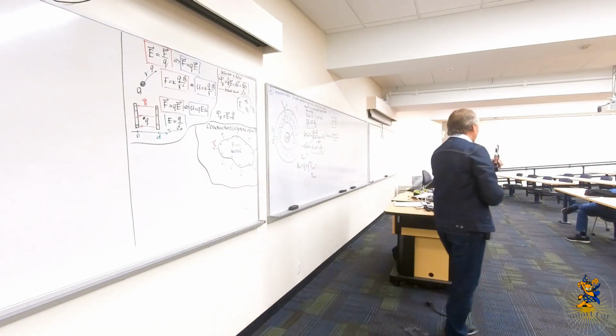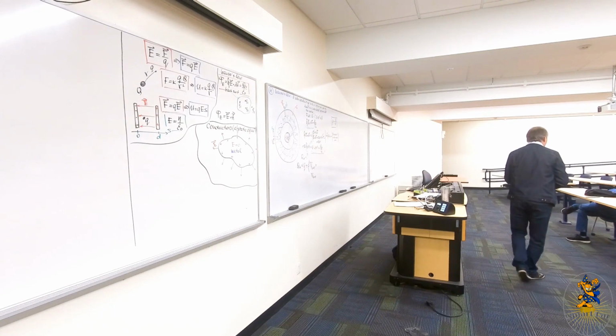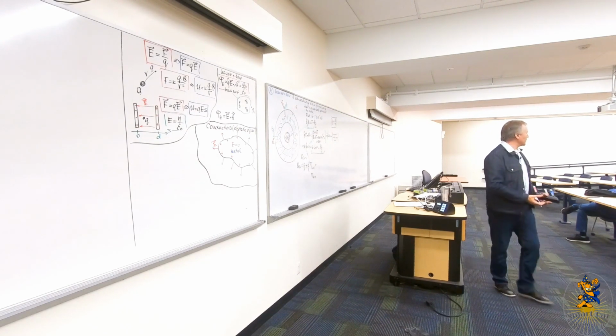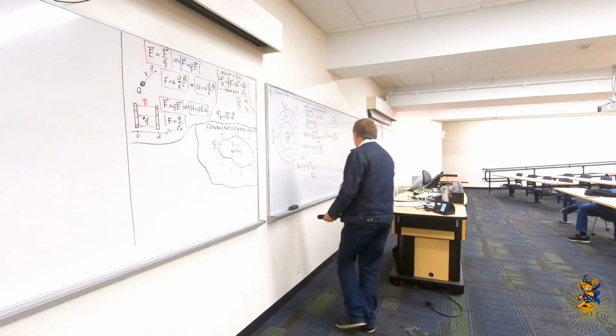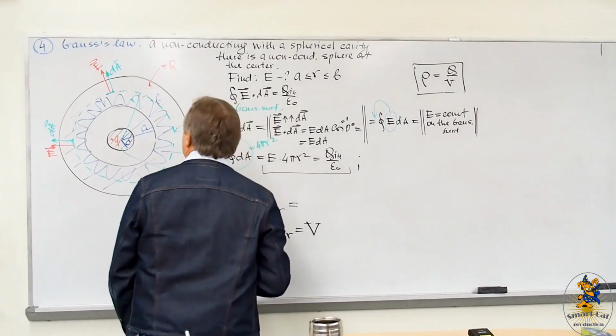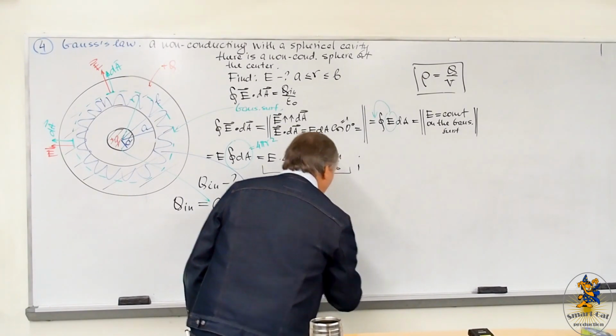We need to find the volume of the sphere with a concentric spherical hole. It means that you need to take the volume of the larger sphere and subtract the volume of the hole. We've done it in the recitation classes, I think. So it's the volume of the sphere with radius r small minus the volume of the sphere with radius a.